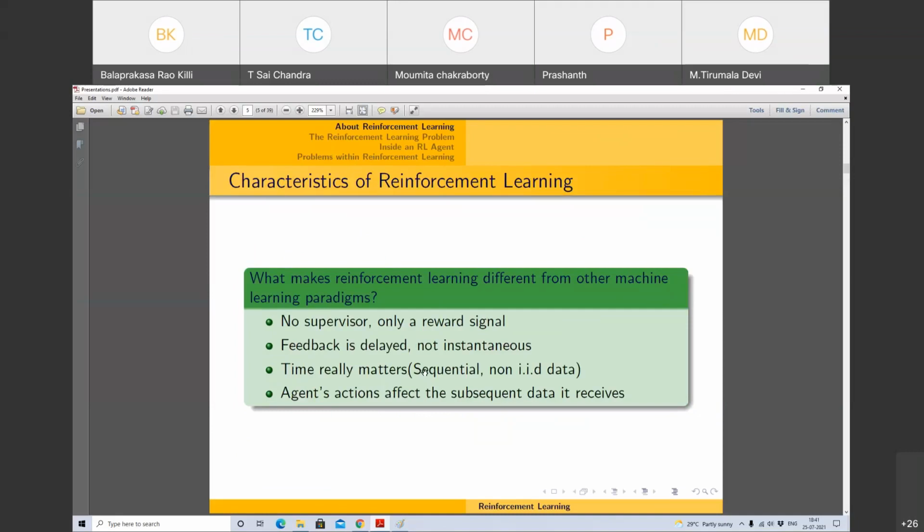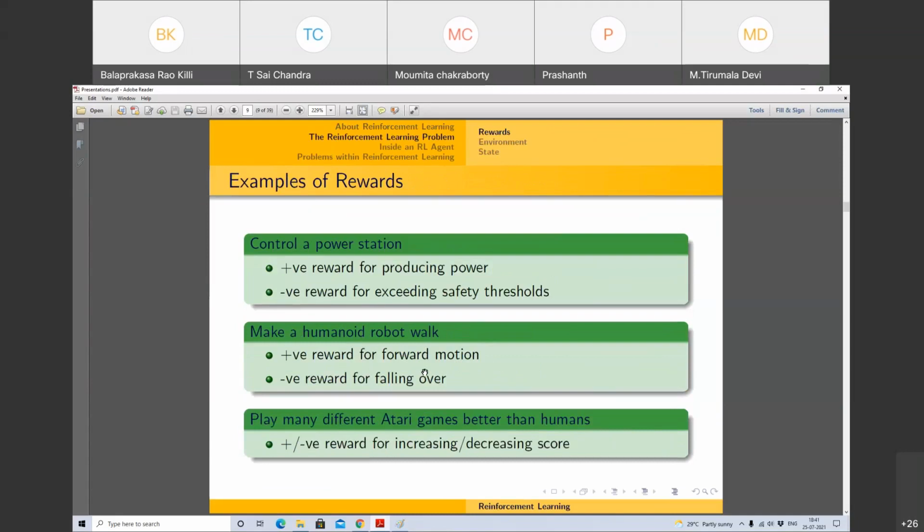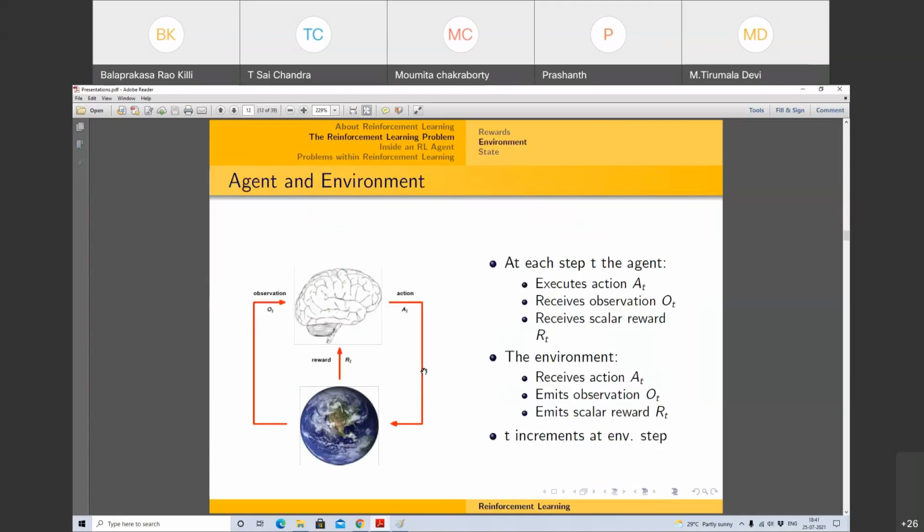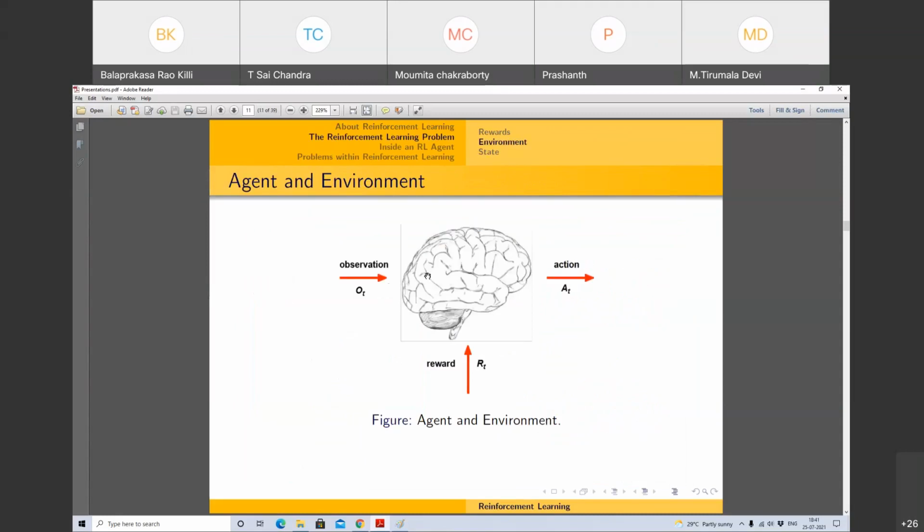So at this point, let me introduce what is this reinforcement learning. What are the different components inside reinforcement learning? Basically, these are the two important components. So this is called agent. Agent is the brain of the reinforcement learning. So the goal of reinforcement learning is to design algorithms or programs that sit inside this agent. What will this program do?